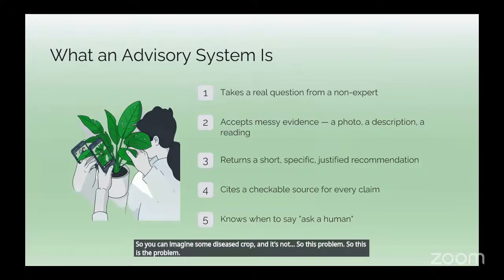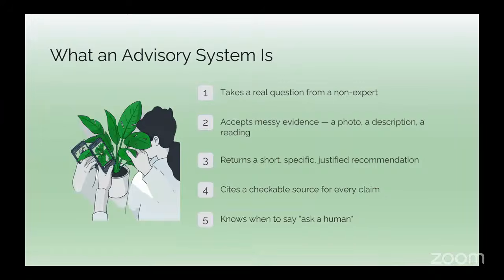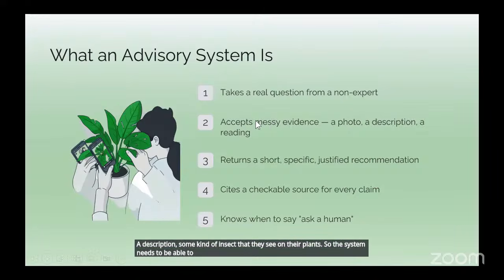Okay. So what is an advisory system? A farmer might send a photo of a diseased plant, a description, some kind of insect that they see on their plants. So the advisory system needs to be able to take that in.